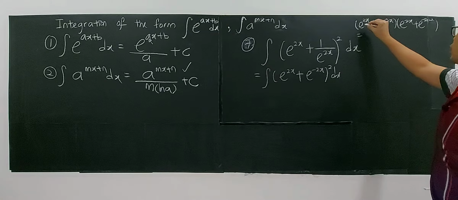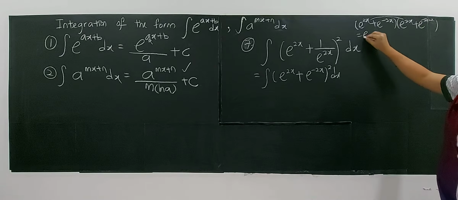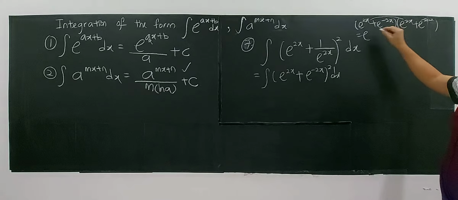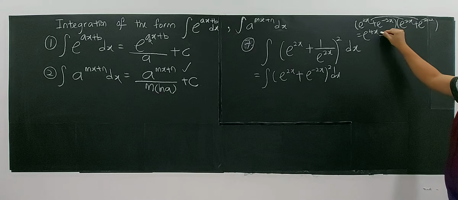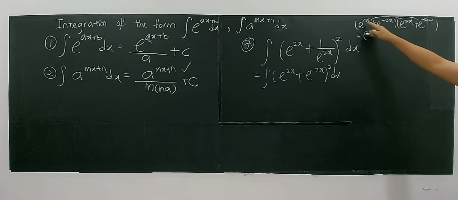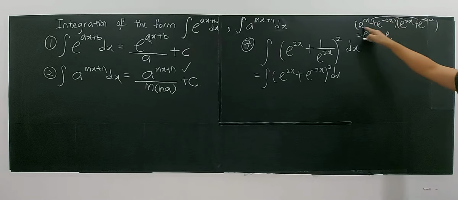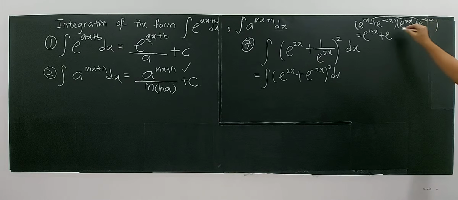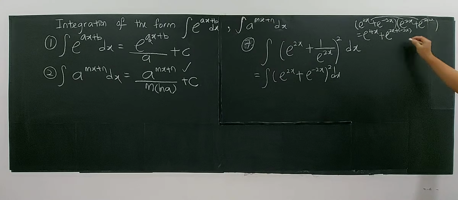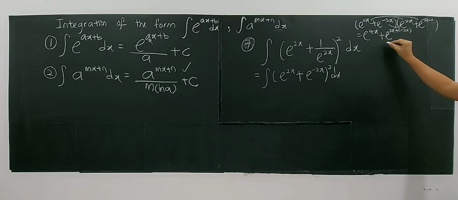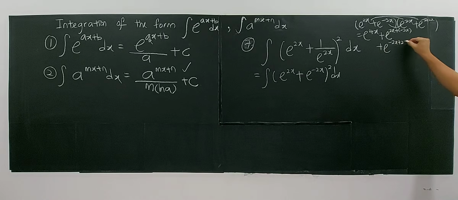If you have e^(2x) times e^(2x), you have 2x plus 2x, so you have e^(4x). Followed by, as you multiply the same base, you add up the power, so 2x plus negative 2x. Followed by this one also, you have e^(-2x) plus 2x, as you multiply, add up the index.